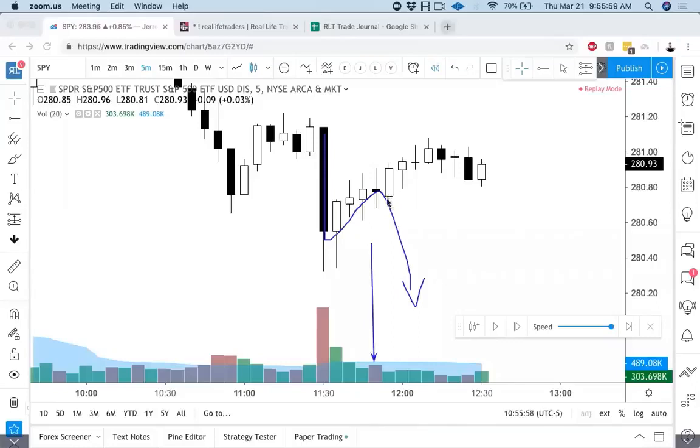So this candle right here, the volume is lower than the bearish volume. But what happens? What happens is you took out the high of all of that bearish volume. So everyone who's shorted on that candle is trapped.